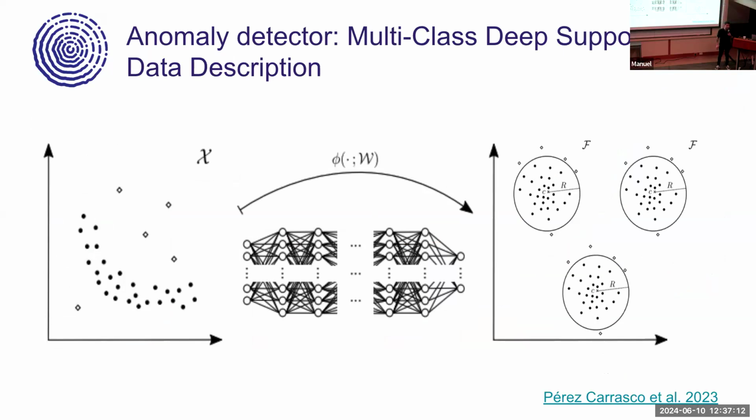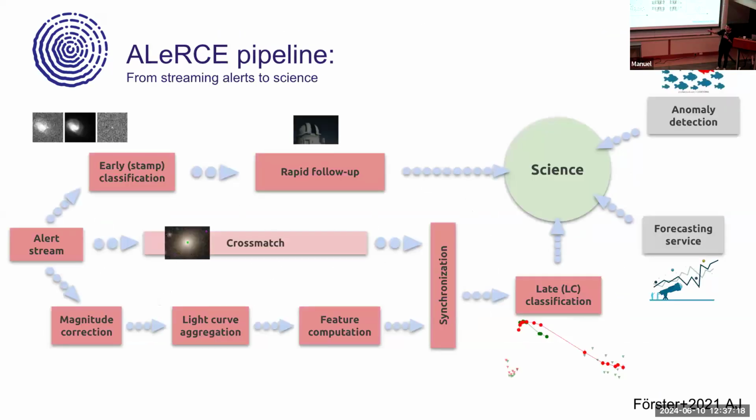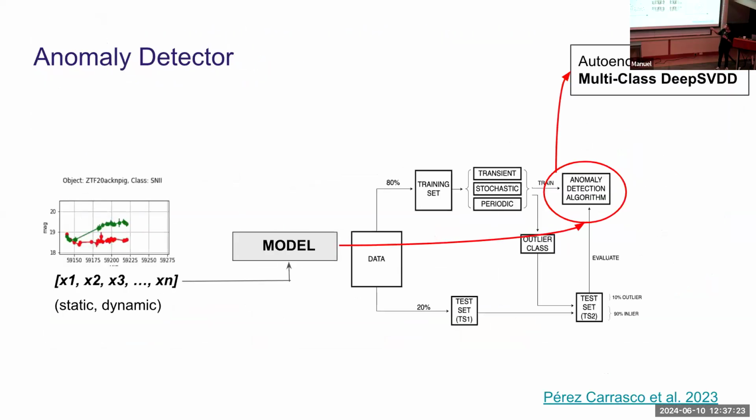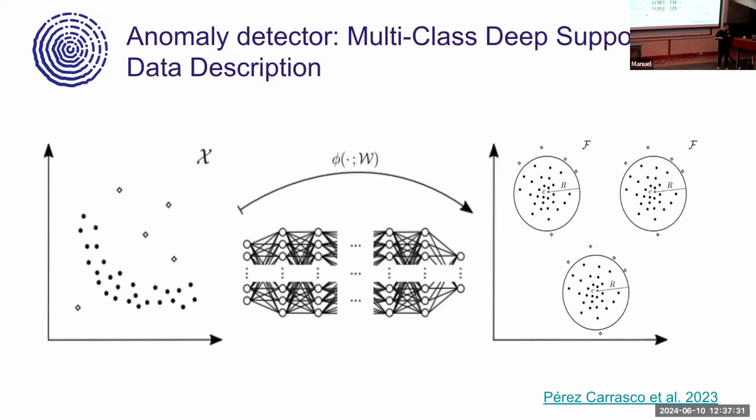Yeah. Well, what we did was to pre-train an autoencoder. So the first step is to pre-train an autoencoder in order to reduce the dimensionality. With the autoencoder trained, we pass the data through it, and in the latent space we compute the centroids of each specific class.